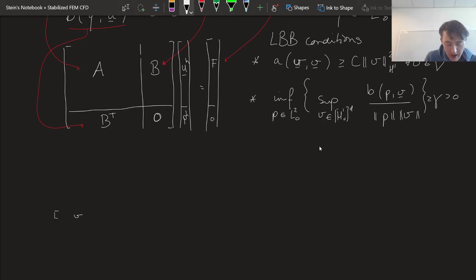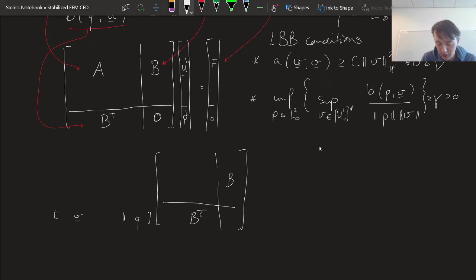We first have a row vector, a transposed vector with the test functions, that we multiply with our matrix, which is B and B transpose and zeros, and then A, which we multiply by our solution vector U and P, which is going to be equal to, oh, sorry, that was too fast.